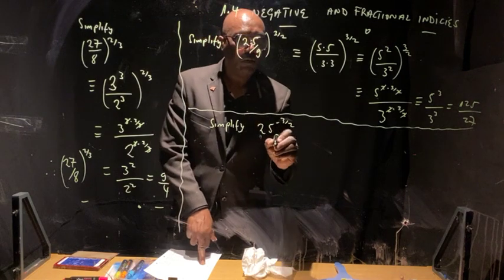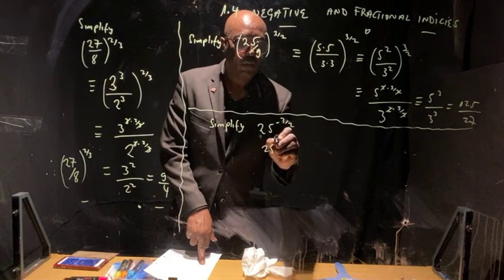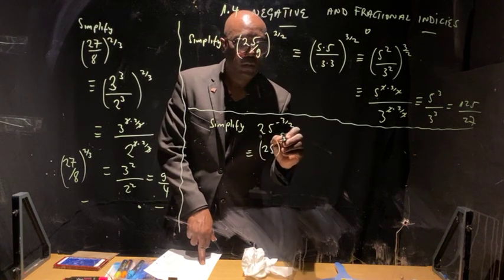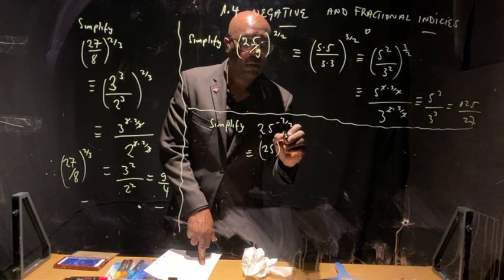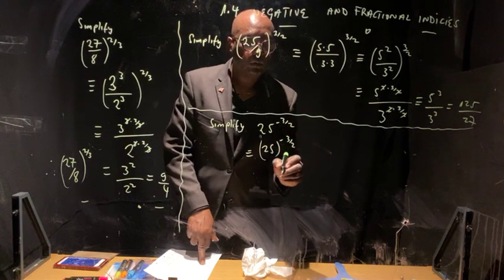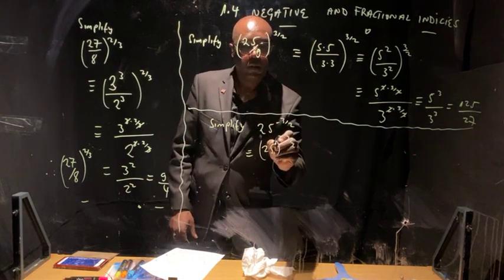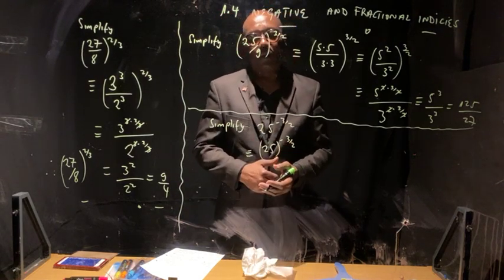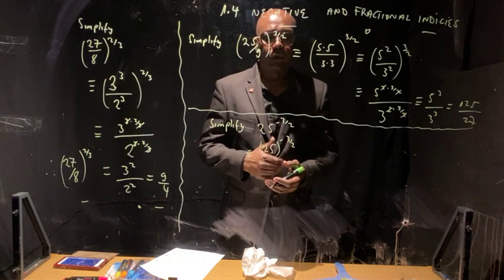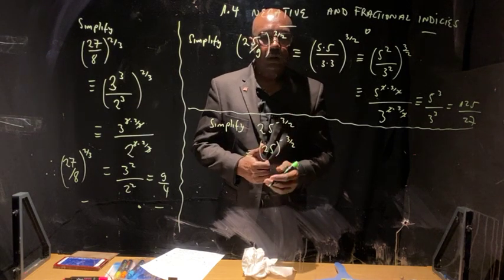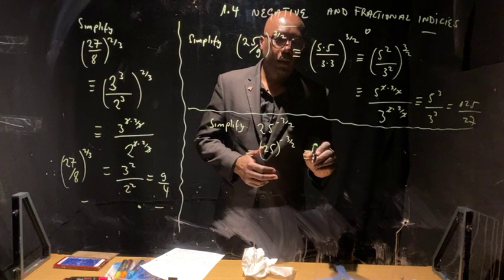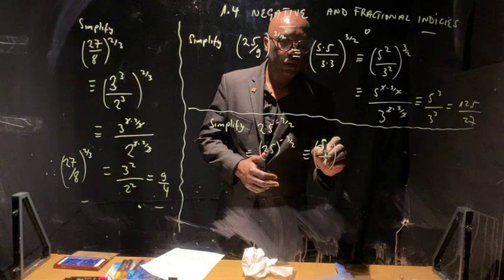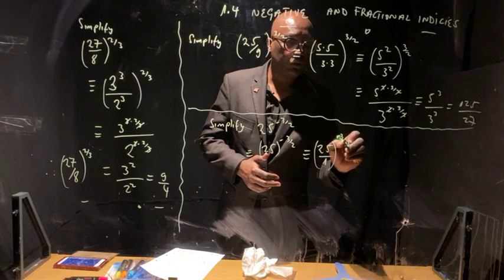But we have to deal with the negative index. We have to make the negative index vanish. To do that, I will say that 25 over 1 raised to the power negative 3 over 2.